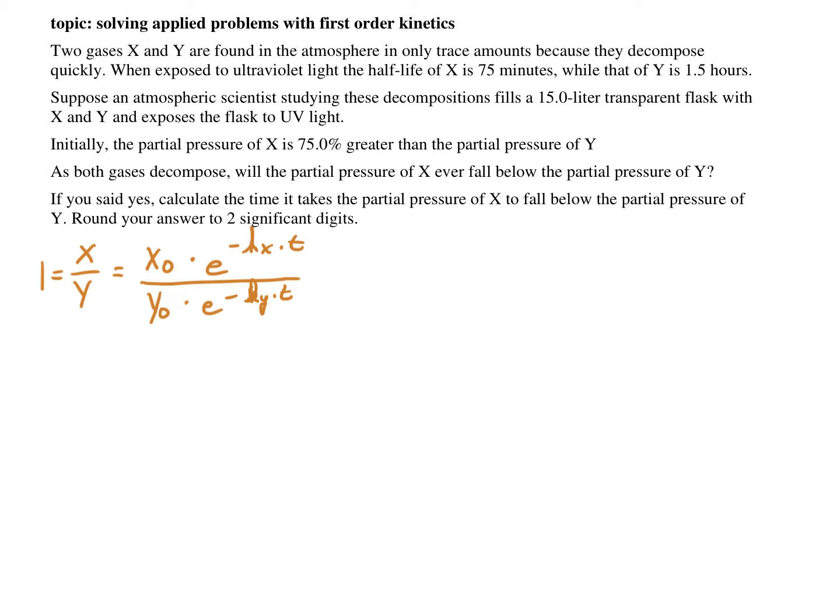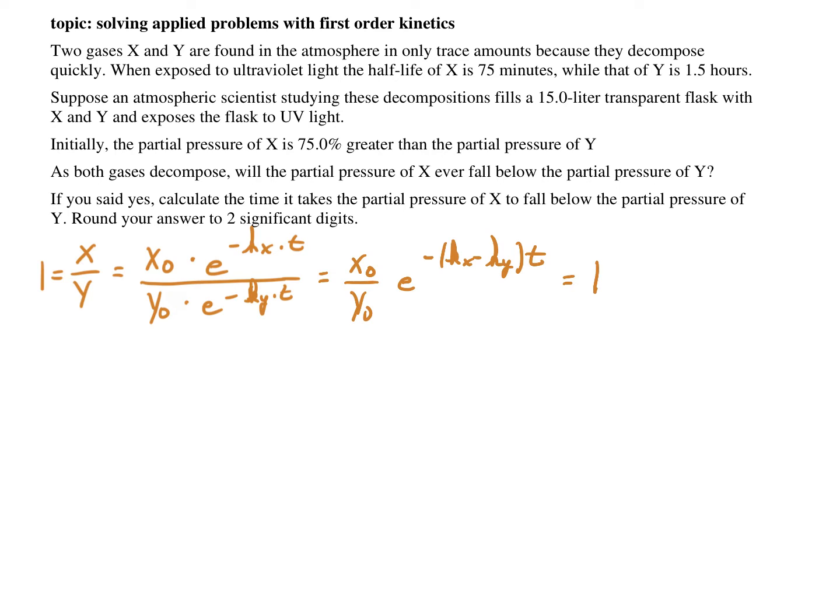Okay, we're going to simplify this expression a little. We're going to pull out x0 and y0, multiplied by e to the minus kx minus ky times t. And a reminder, this is equal to 1.